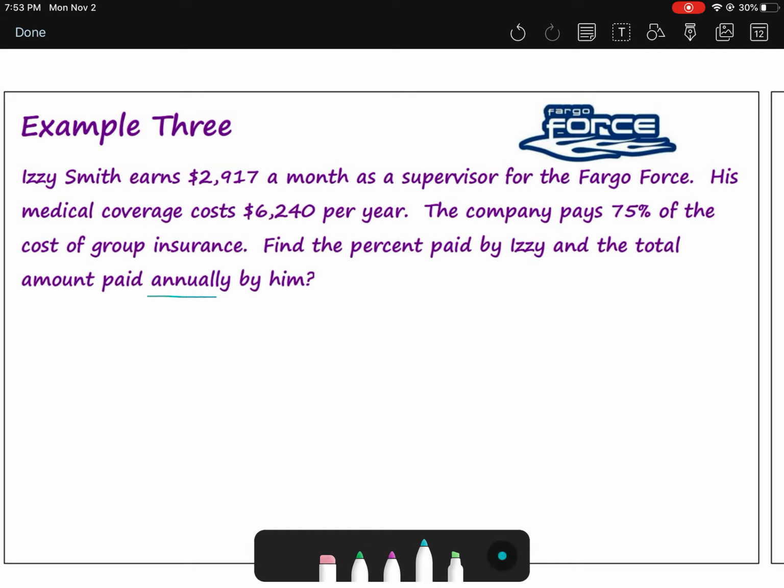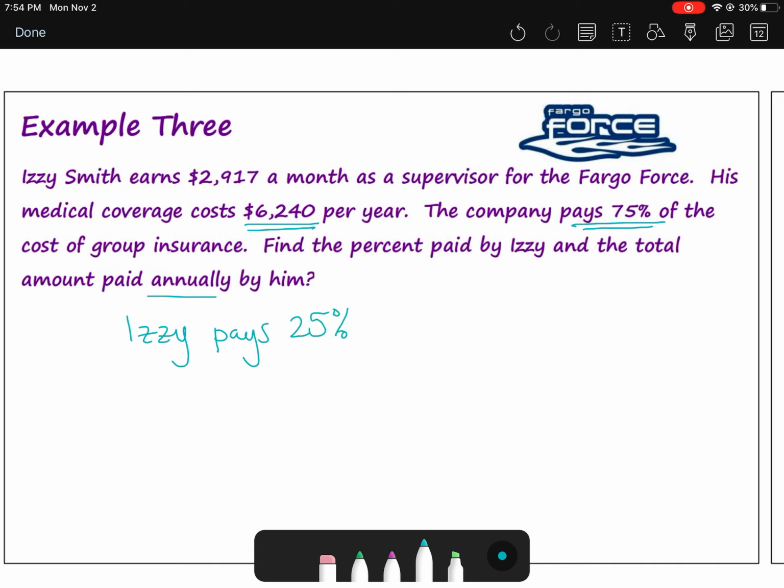Okay, so let's look here. We know the medical coverage costs $6,240 per year, and the company pays 75%. Well, if the company pays 75%, that means we know Izzy pays 25%.